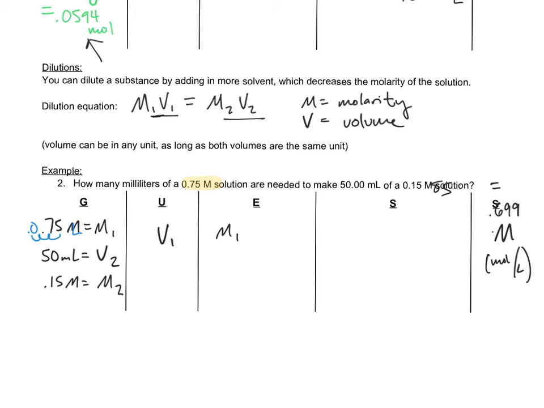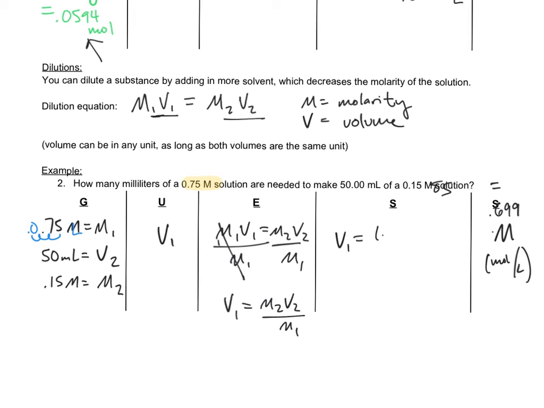The equation is the dilution equation, M1V1 equals M2V2. And we need to solve that for V1. To solve for V1, we'll divide by M1 on each side, canceling out M1 over there to get V1 equals M2V2 over M1. And then we substitute into that. V1 equals M2.